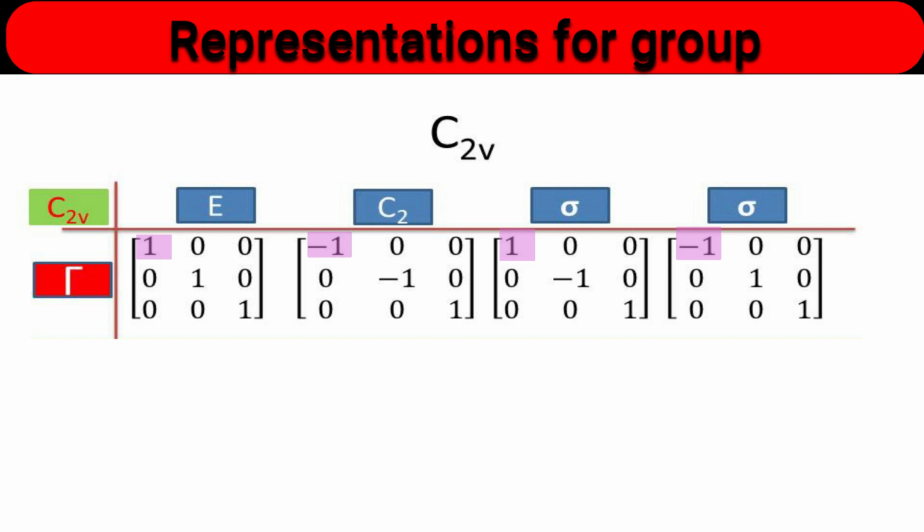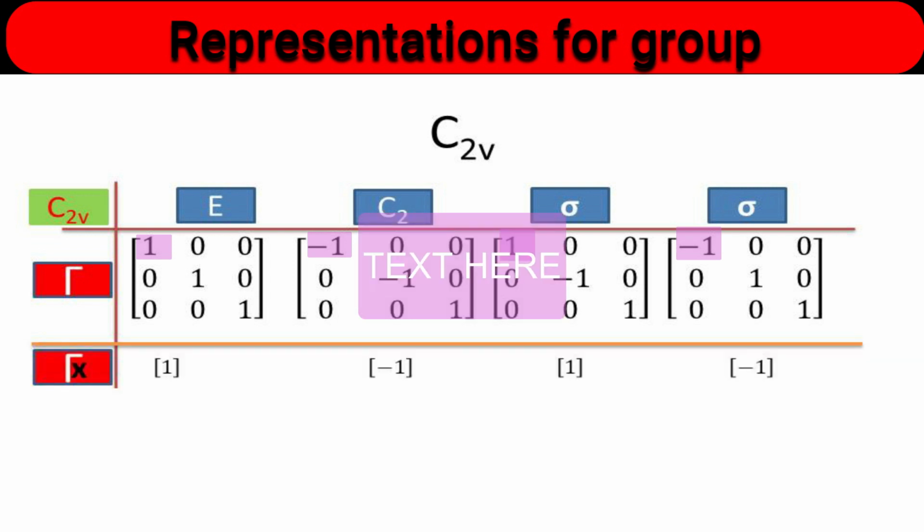A11 of each matrix is a separate block, and we can remove all those blocks from that representation to prepare a new representation, and that new representation will be an irreducible representation, and the remaining representation will be a reducible representation.